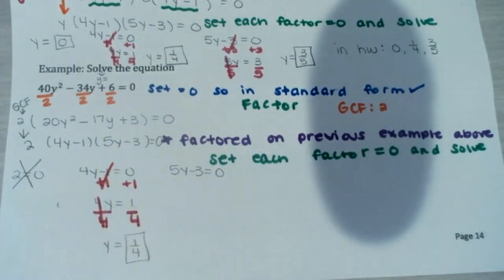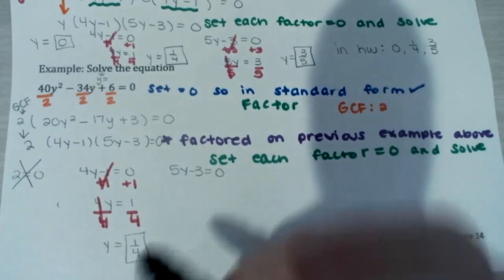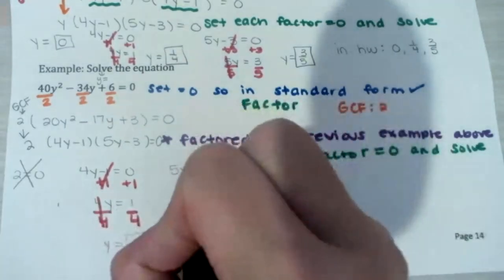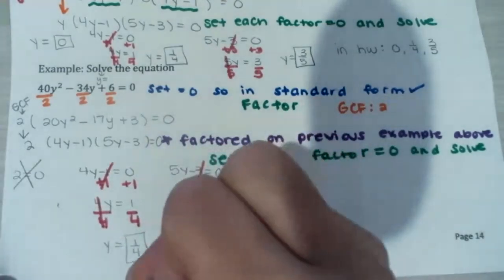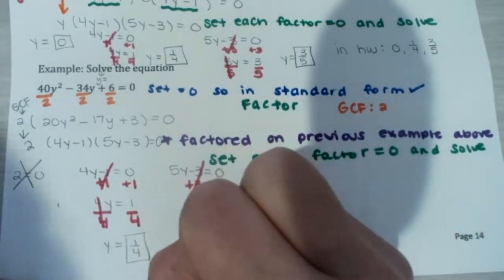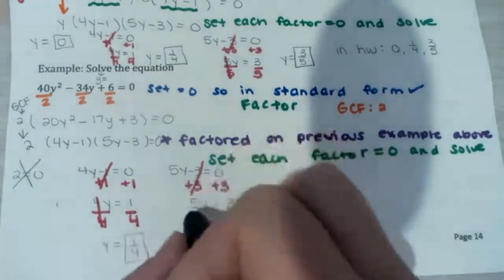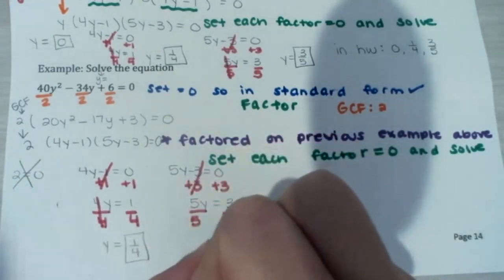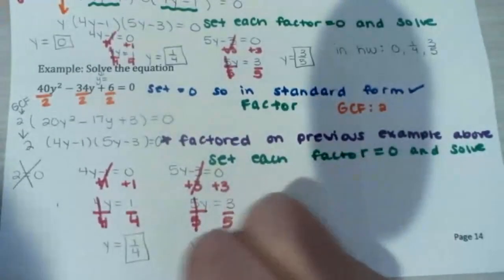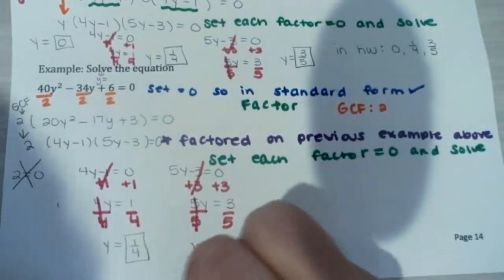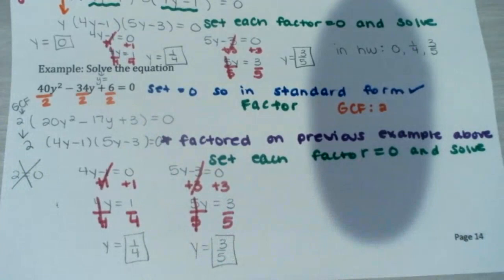So that's done. 5y minus 3 equals 0. We're going to add 3 to both sides, that way those cancel. We're left over with 5y equals positive 3. Dividing by 5, the 5's cancel. We're left with y equals 3 over 5 as our other answer.